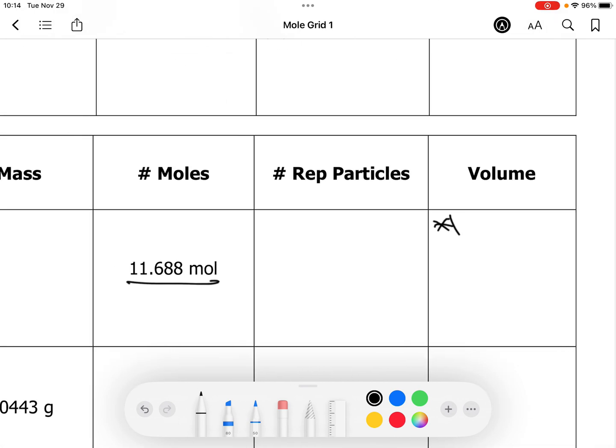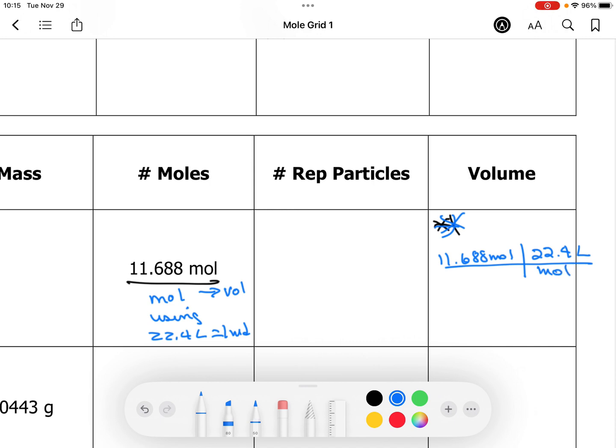In order to find this number, let's make this one blue. We're going to convert from moles to volume using 22.4 liters equals 1 mole. So we'll go 11.688 moles times 22.4 liters per mole.